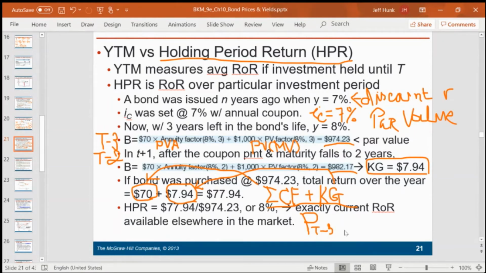Then what is it? It will come out exactly as 8%.